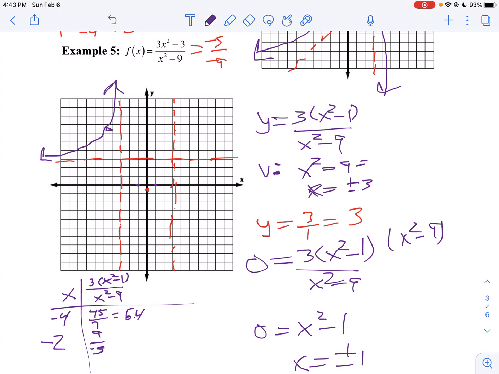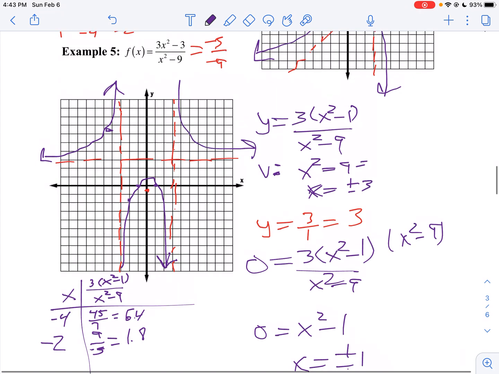So then I'm going to get negative 1.8, right? So I'm going to be down at negative 1.8. So in other words, I get kind of a parabola looking thing here, don't I? Because it's going to look like this. And then my graph should look like that because of my intercepts.